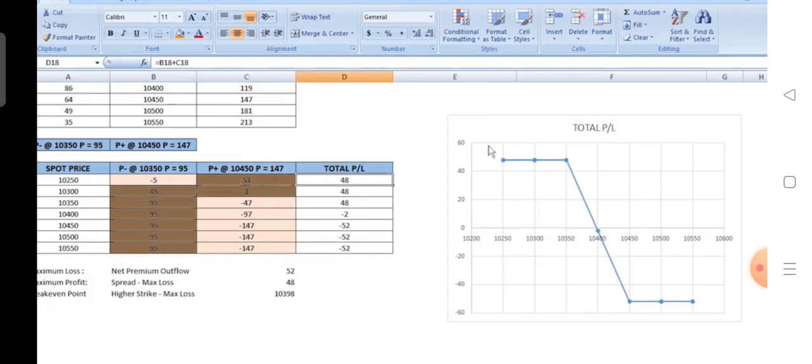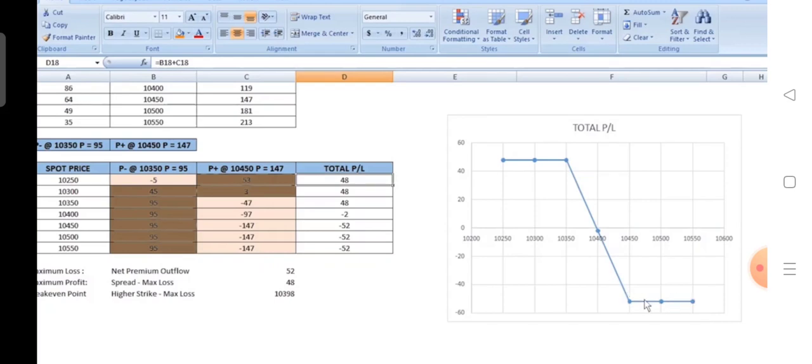Now let us have a look at the payoff diagram. As we can see, if the price goes below 10,350, we have a fixed profit of 48 rupees, and as the price keeps going higher above 10,450, we have a fixed loss of 52 rupees.